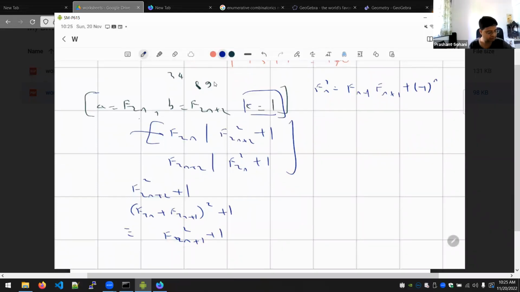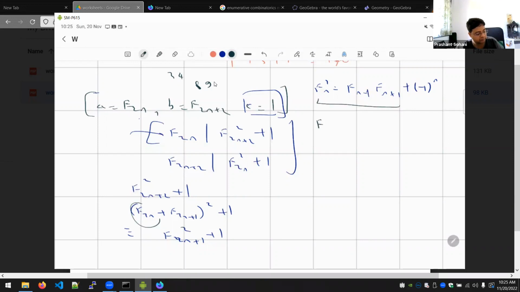Do you see this? That you can simply drop f2n from the consideration because we are doing everything modulo f2n. So in fact, f of 2n plus 2 whole square is congruent to f of 2n plus 1 whole square. And now this is where I think the property that I mentioned should be useful.